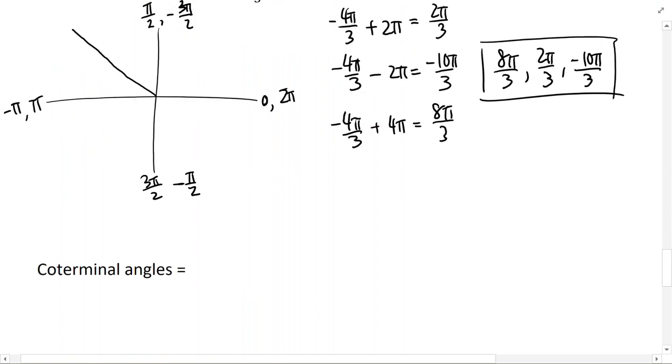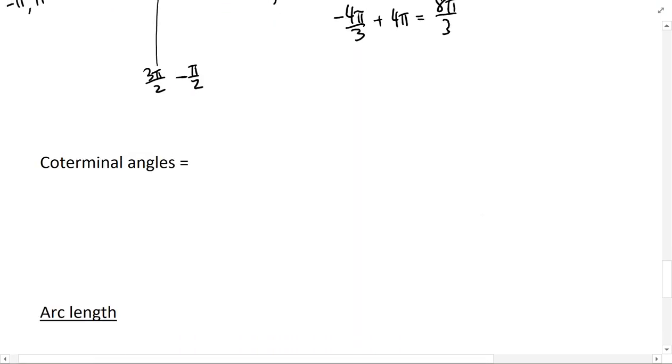Okay. All right, so just to summarize coterminal angles, what you should have noticed is whenever you're going from your standard position angle, you're going to add 360 degrees. You always want to go all the way around back to the same spot.